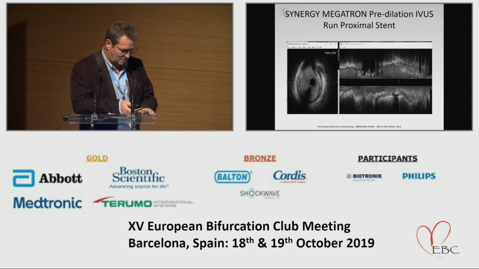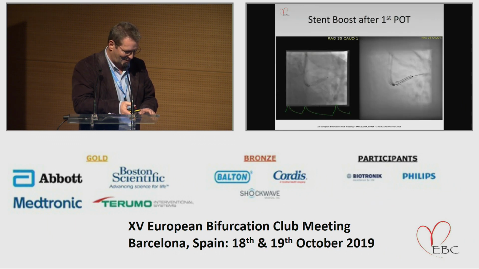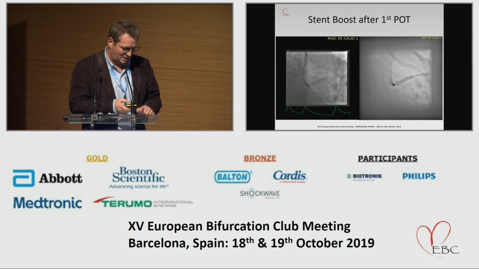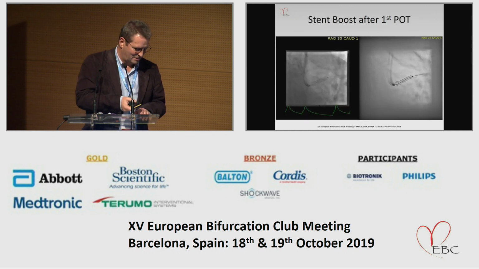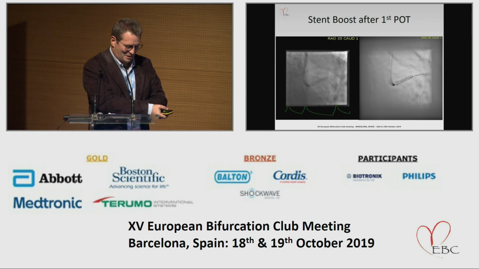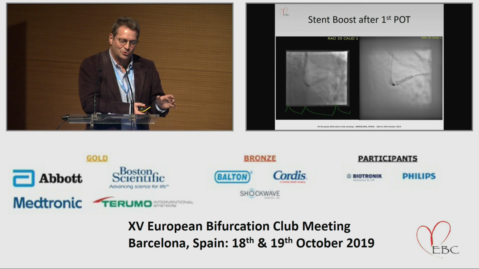After that, we had this situation, and this is the stent boost. Anyway, you can hopefully appreciate that there's a huge enlargement in the proximal part of the stent.